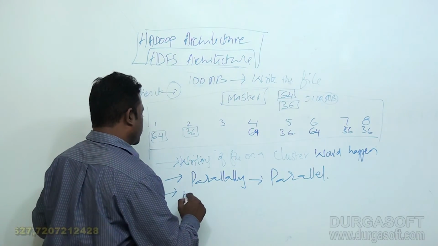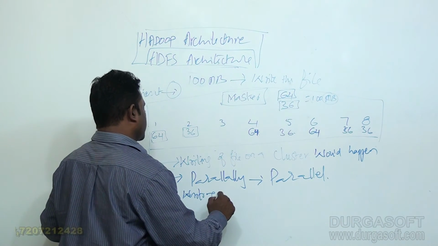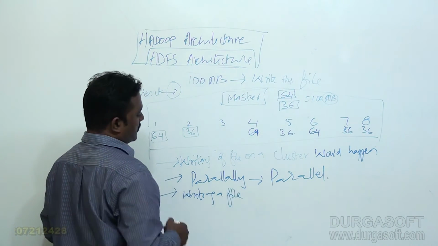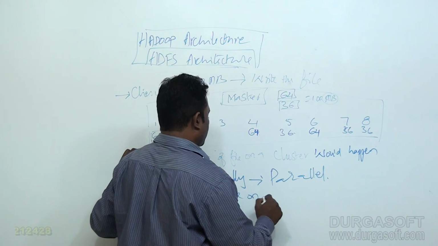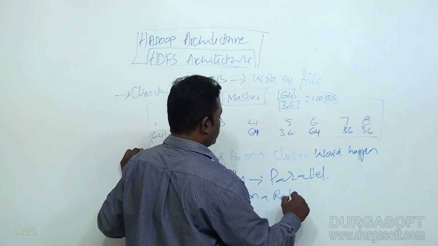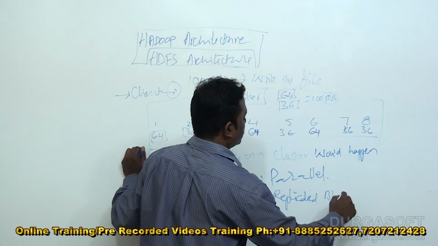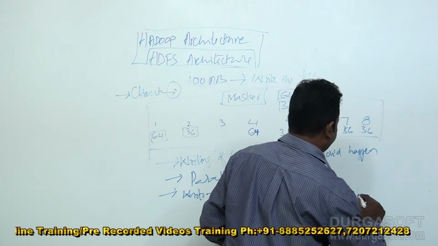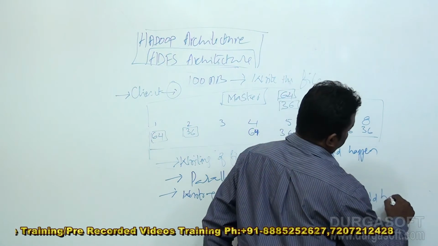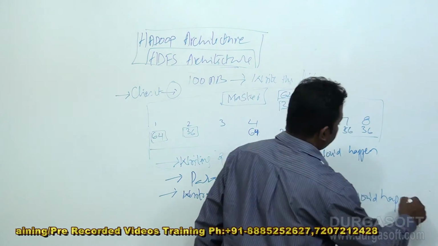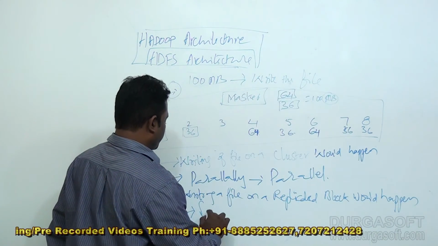So writing a file on a replicated block would happen how? Sequentially.